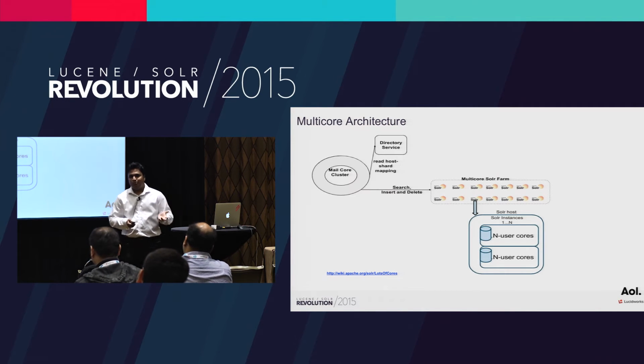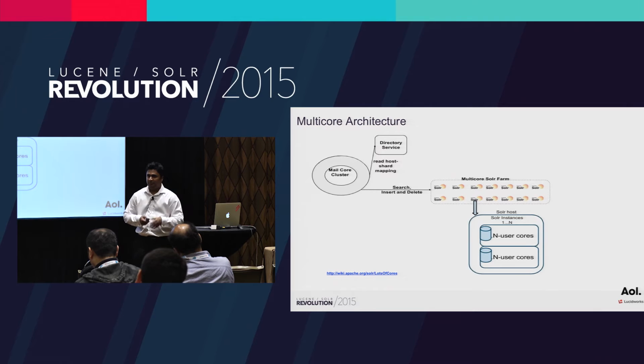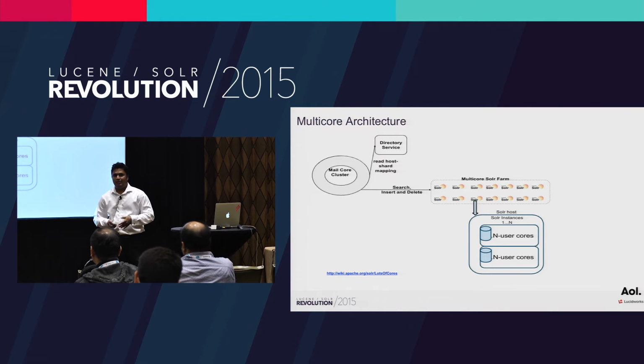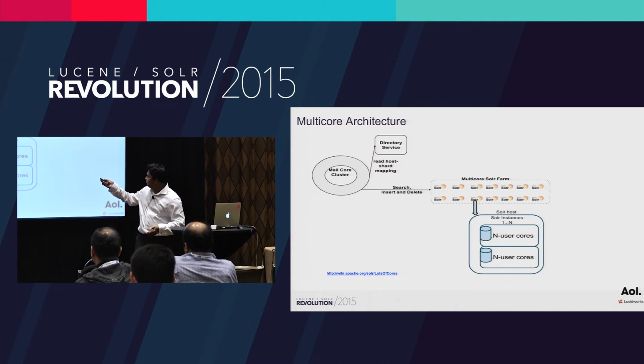We had Shalin and Noble, who are Lucene committers now and working with Lucidworks. They were AOL employees then, and they had really in-depth knowledge of Solr. So they made a lot of changes to optimize the throughput, and things that are available today, like transient cache and transient cores, were some of the concepts they built up.